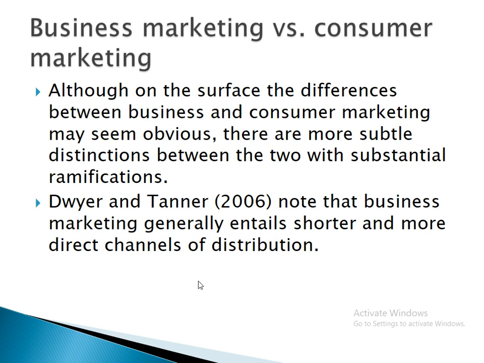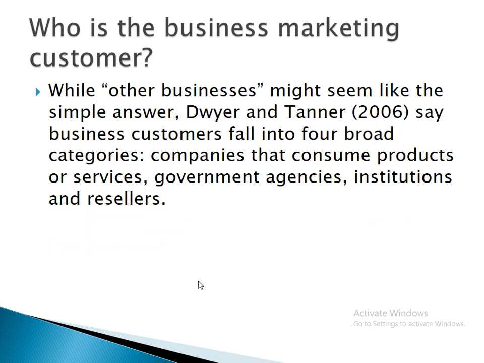So, who are the business marketing customers? While other businesses might seem like the simple answer, business consumers fall into four broad categories: companies that consume products or services, then government agencies, institutions, and resellers.